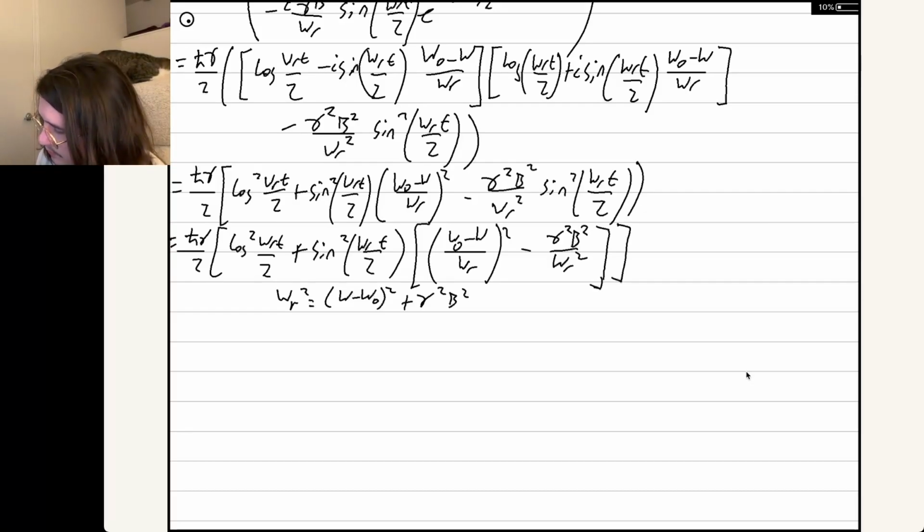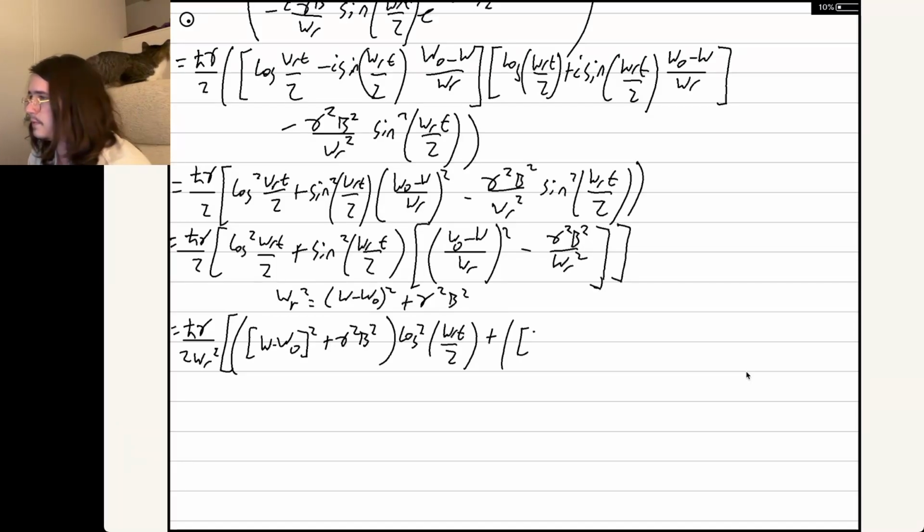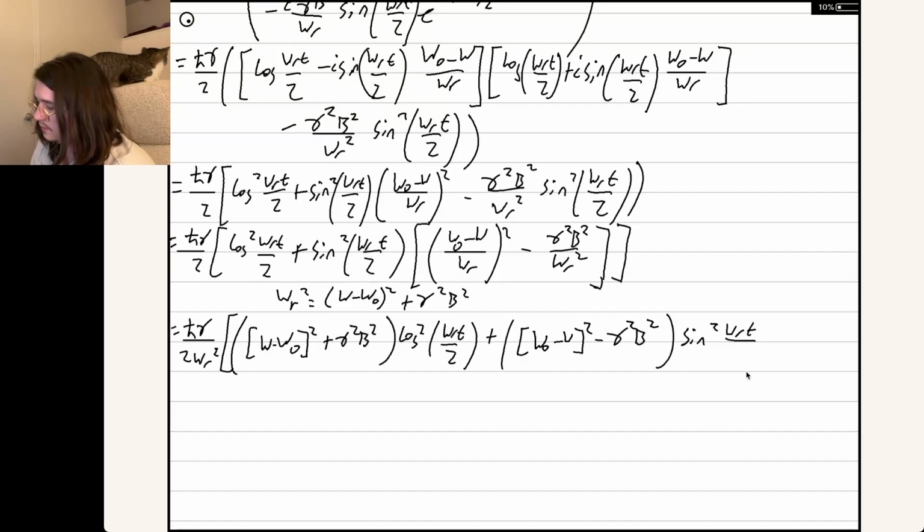We will have that if we factor out an omega_r squared: the bracket with omega minus omega naught squared plus gamma squared b squared times cosine squared omega_r t over 2, plus omega naught minus omega squared minus gamma squared b squared, multiplied by sine squared omega_r t over 2.